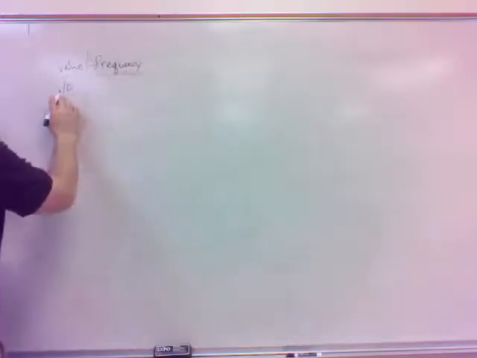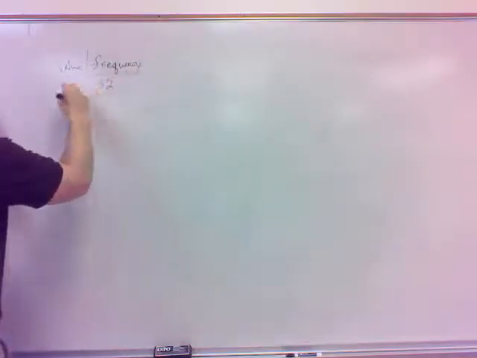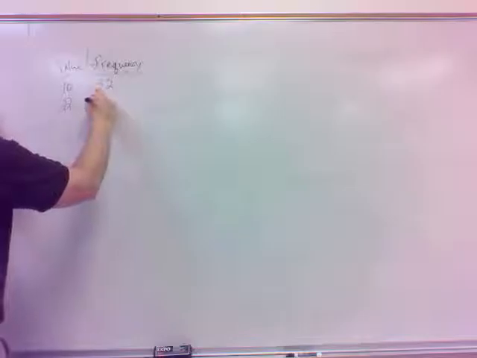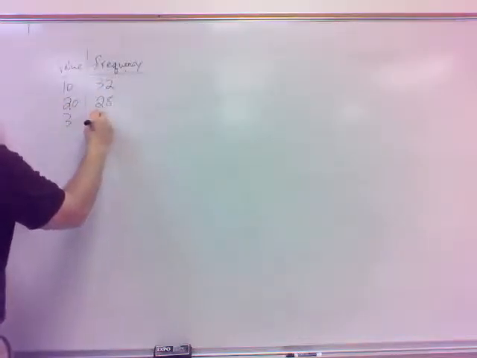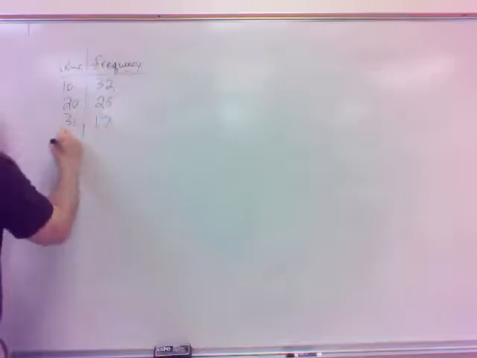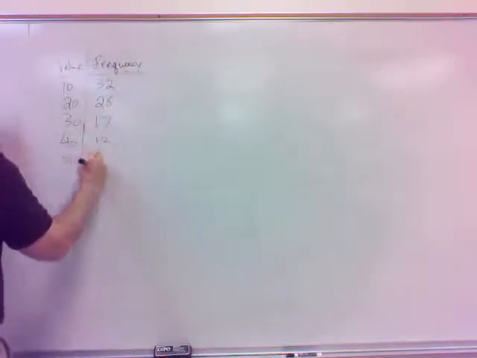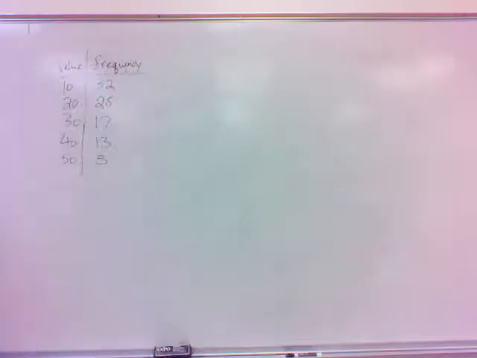All right, so value 10 has frequency 32. Value 20 has frequency 28. Value 30 has frequency 17. Value 40 has frequency 13. And value 50, frequency 3. Okay? All right, so let's do our mean, median, and mode for those.